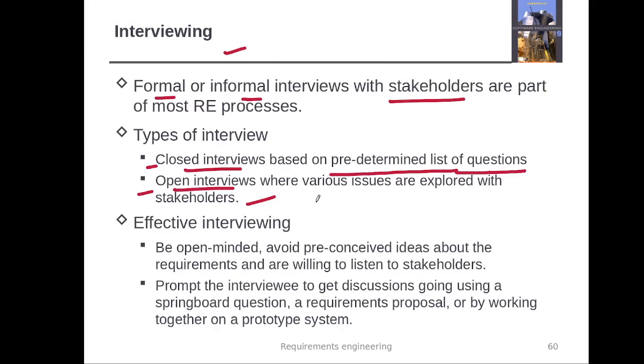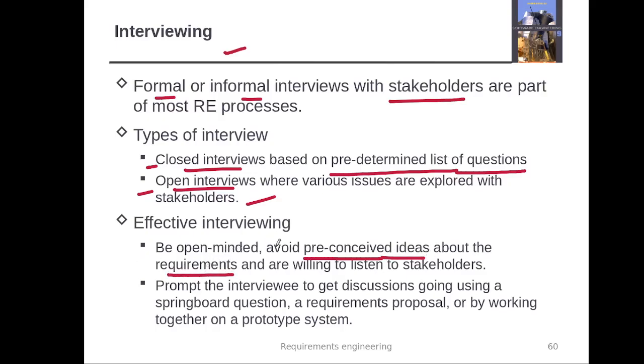Now here we have to understand this interview has to be effective. So how can we make our interview effective? An interview is effective when we are able to understand the requirements out of it, right? So it is suggested that you should be open minded. Avoid preconceived ideas about the requirements.